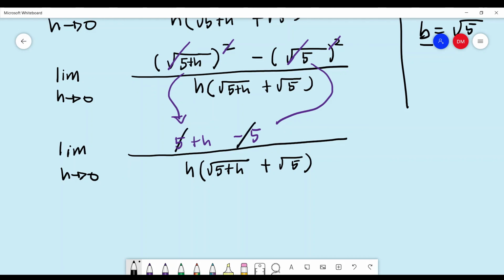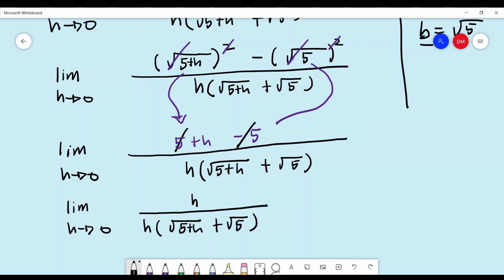We can just cancel, and then going to the next step of the solution, now we have h in the numerator, and again rewrite the denominator. Here we can see that we have h divided by h, so that is equal to 1. So the denominator will become square root of 5 plus h plus square root of 5.